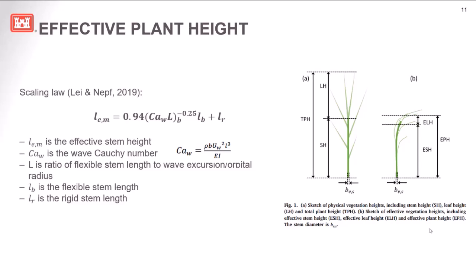Previously in CSHORE, any effects due to vegetation would have been estimated and included in the bottom friction factor. So this method using the scaling law incorporates the biomechanical properties of individual vegetation and gives us a more inclusive representation of how different species of vegetation are influencing local hydrodynamics.